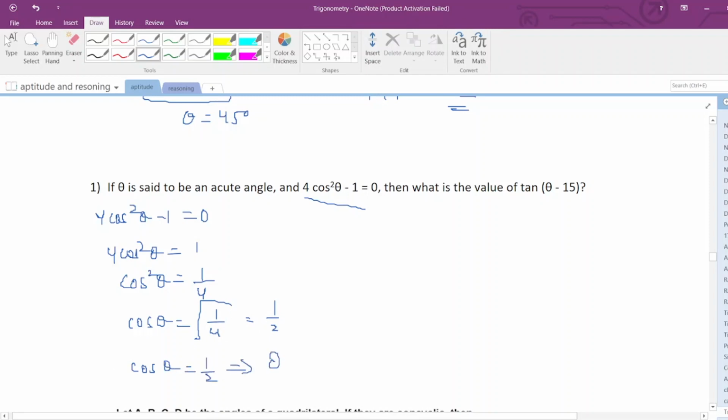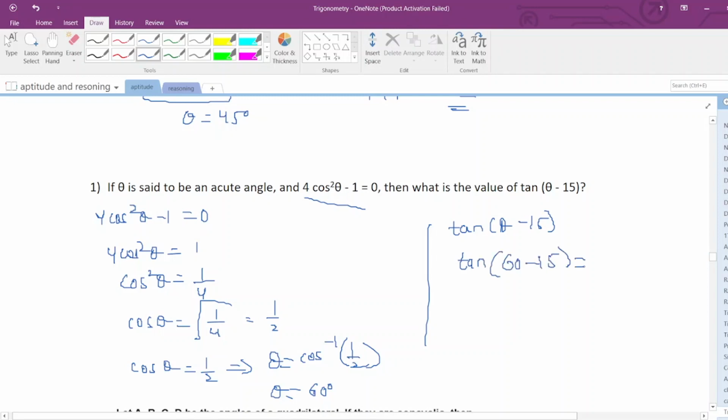Then for theta, theta is equal to cos inverse of 1 by 2. When does cos give 1 by 2? 60 degrees, right? So theta is equal to 60 degrees. Now just substitute. What is he asking? tan of theta minus 15. So tan of 60 minus 15, which is equal to tan 45.